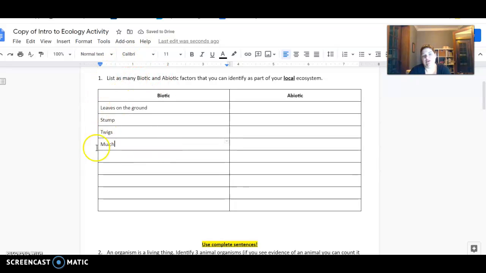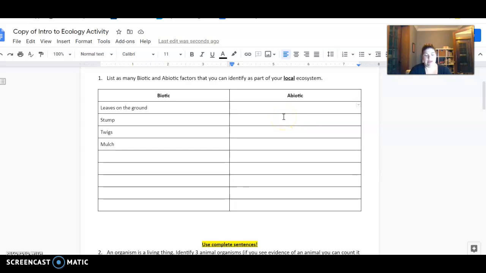Any of these things are going to be biotic because they were made or once alive. Mulch kind of hits a gray area where you could maybe think of it also as manufactured, which brings us to abiotic. With abiotic, it's going to be things that were never alive.